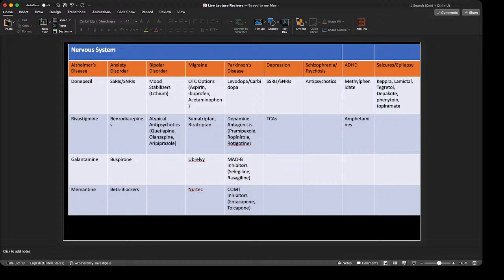But levodopa is also converted to dopamine outside the brain. So before it gets through to the brain, it can also convert to dopamine. So that's where the carbidopa is going to help, with prevention of that breakdown of levodopa. So just kind of understand how the mechanisms are here.